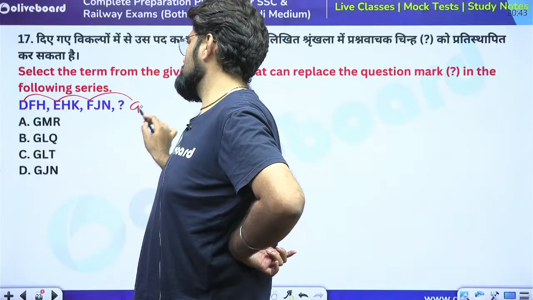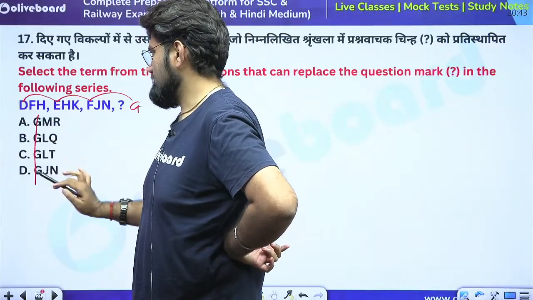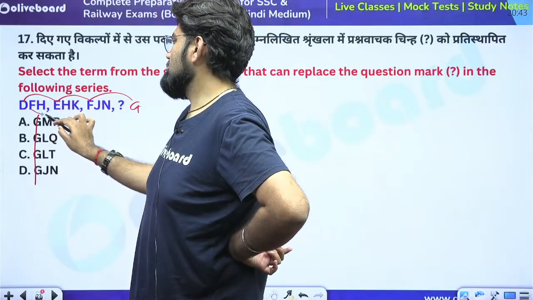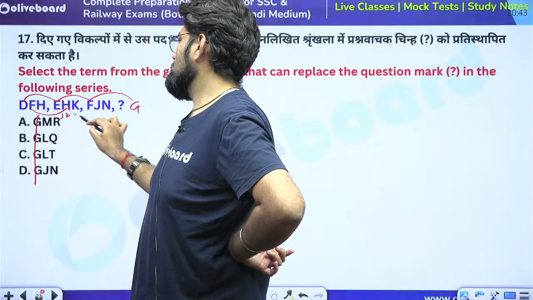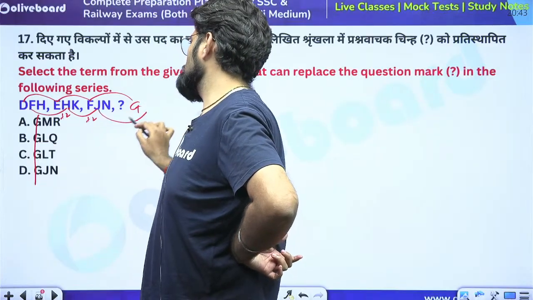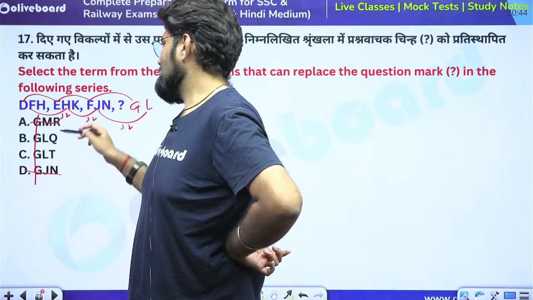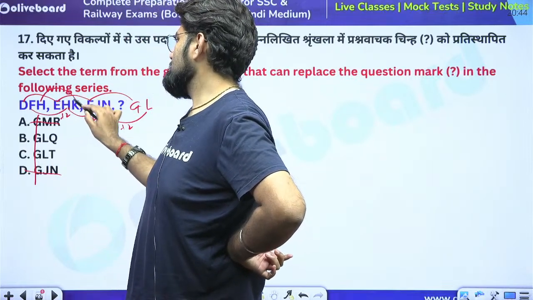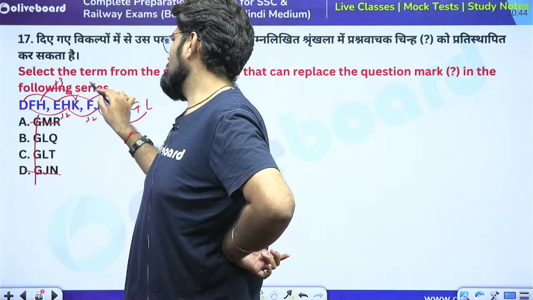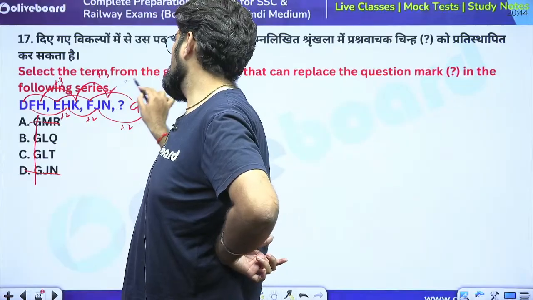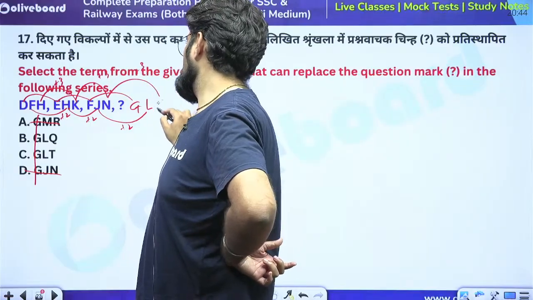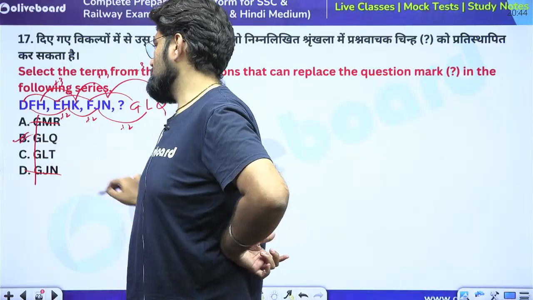So we'll start with G, but we didn't have to check that because everything is starting with G. This is 6 plus 2, 8 plus 2, 10 plus 2, 12. So GL. This is gone, this is gone. And this is 8 plus 3, 11 plus 3, 14 plus 3, 17. So GLQ, option B is my correct answer.